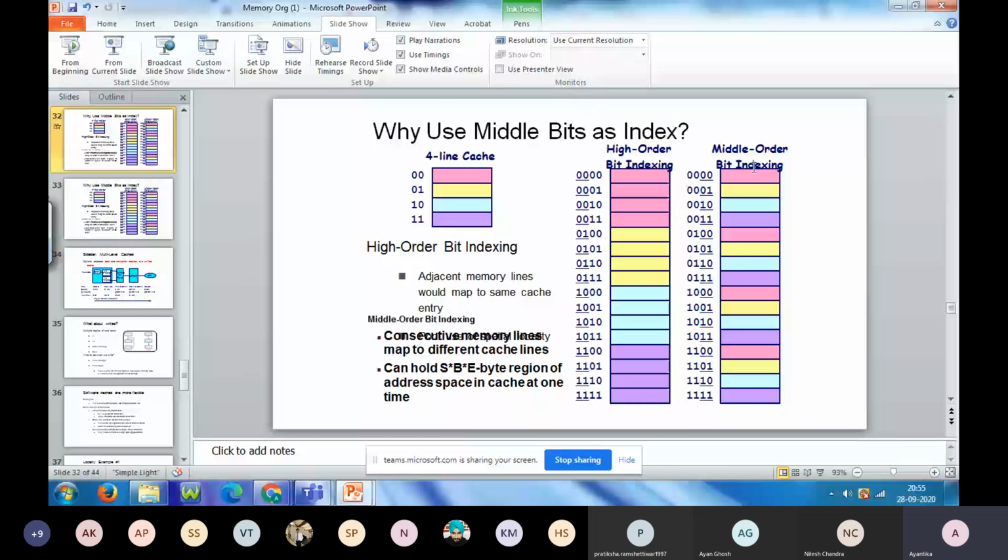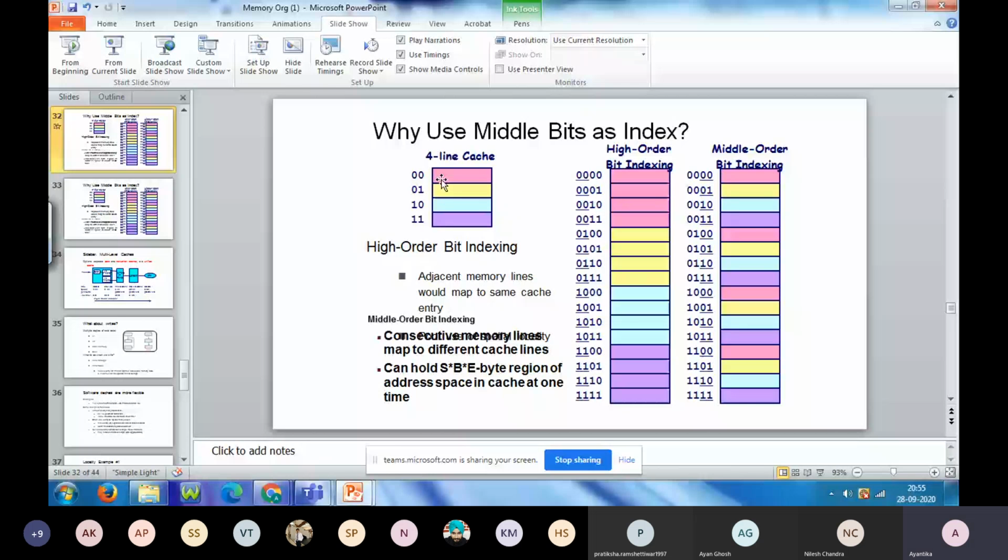Whereas in middle order bit indexing, you are indexing based on 0001, 0010, 0011. That means whenever your middle order bits, the last 2 bits, are 00, all those blocks are getting mapped to the same cache line.